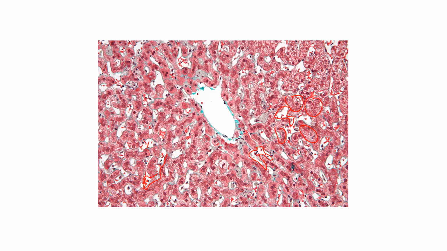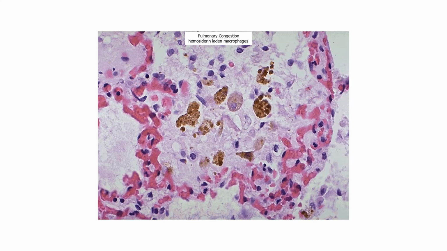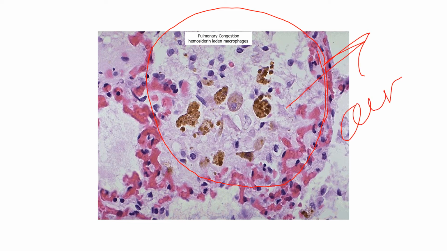This is the liver. In the pulmonary circulation, this is an alveolus. Within the alveolus you should have just air, nothing other than air. Now what do you have here? You have hemosiderin-laden macrophages, macrophages engulfing red blood cells.